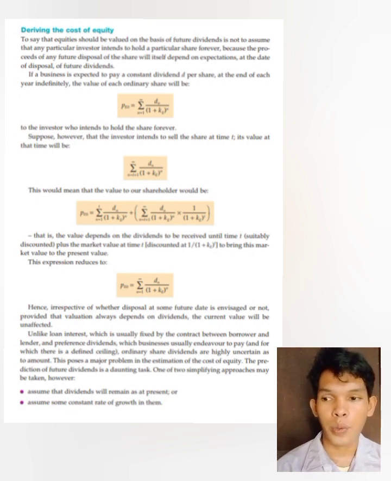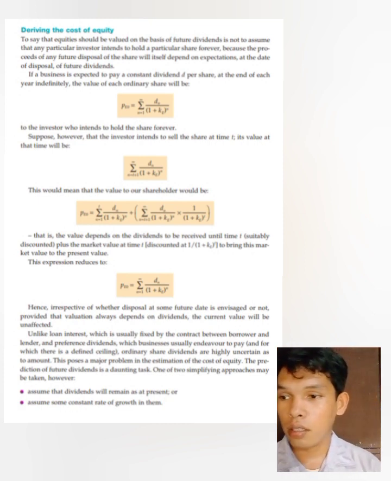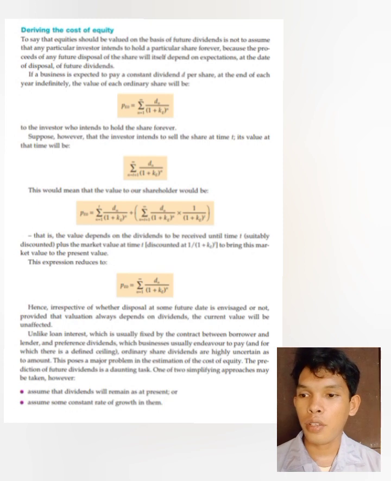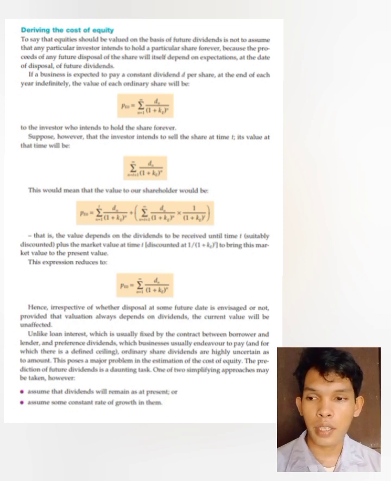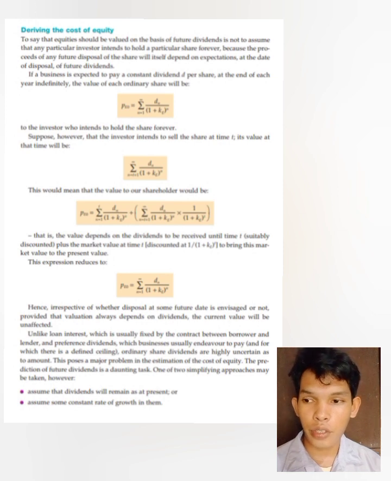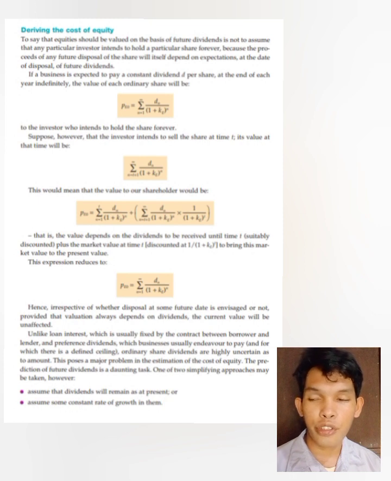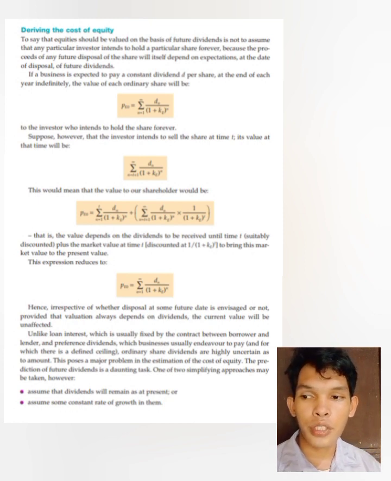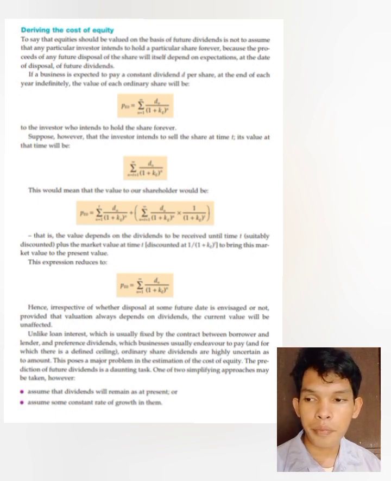Deriving the cost of equity. To say that equity should be valued on the basis of future dividends is not to assume that the particular investor intends to hold the share forever, because the proceeds of any future disposal of the share will themselves depend on the expectation, at the date of disposal, of future dividends.